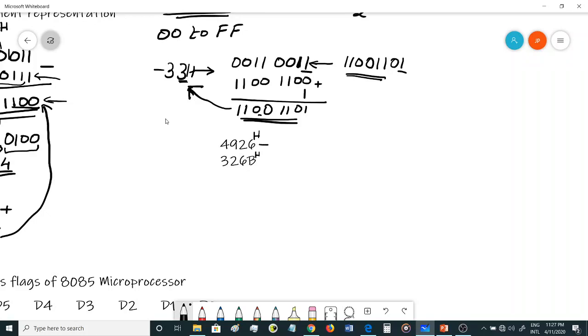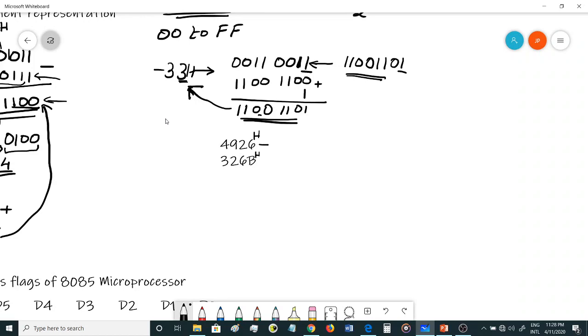Right? Here we are going to subtract these two 16-bit data. Now whenever your microprocessor subtracts data, 8085 is an 8-bit processor and it can subtract only 8 bits at a time. So let's follow the same process over here and let's subtract 8 bits at a time.